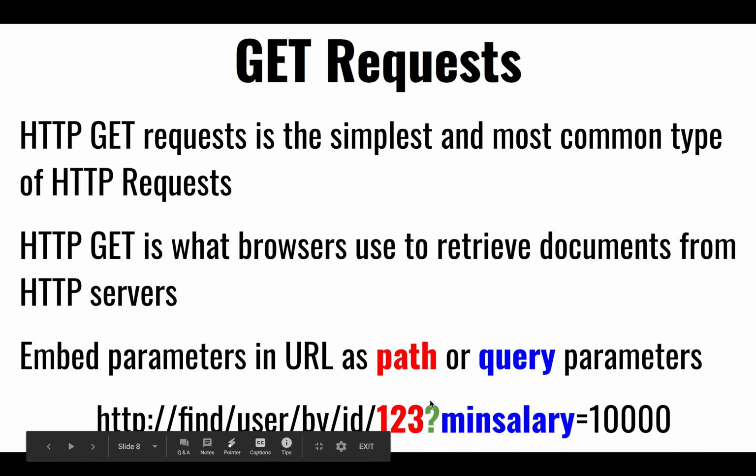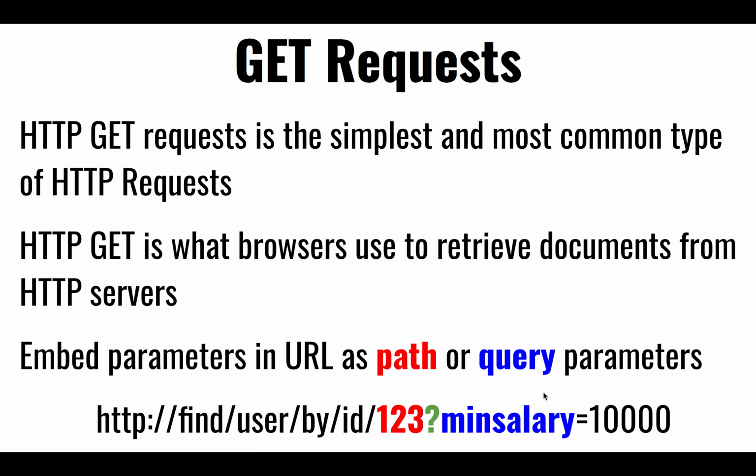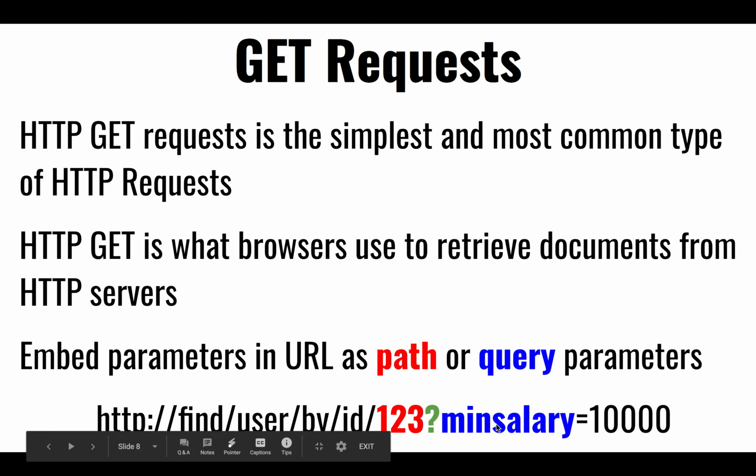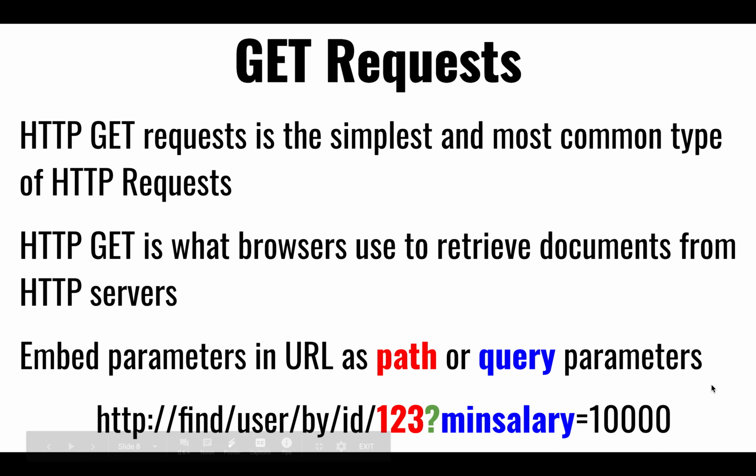Then follows the query that follows the question mark here. This is going to be a set of name-value pairs that are delimited by the ampersand sign. We're going to refer to this as the query string, and this query string is going to allow us to provide any set of unbounded predicates, where we might want to filter the results based on some predicate.